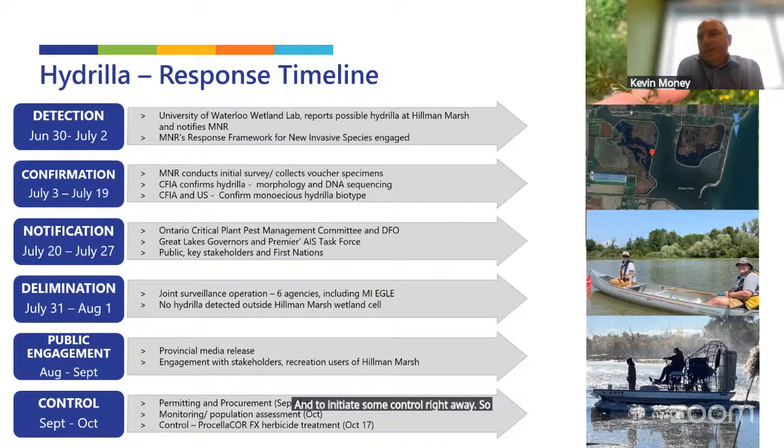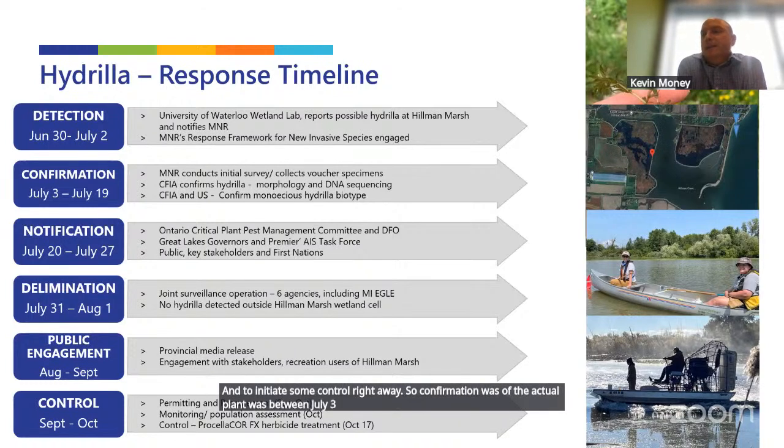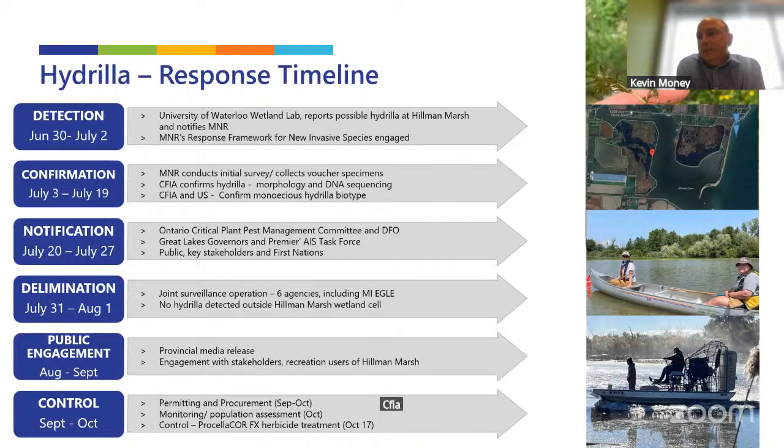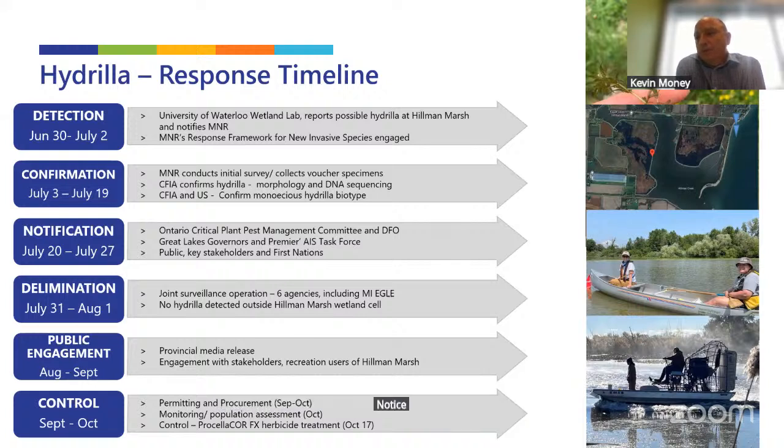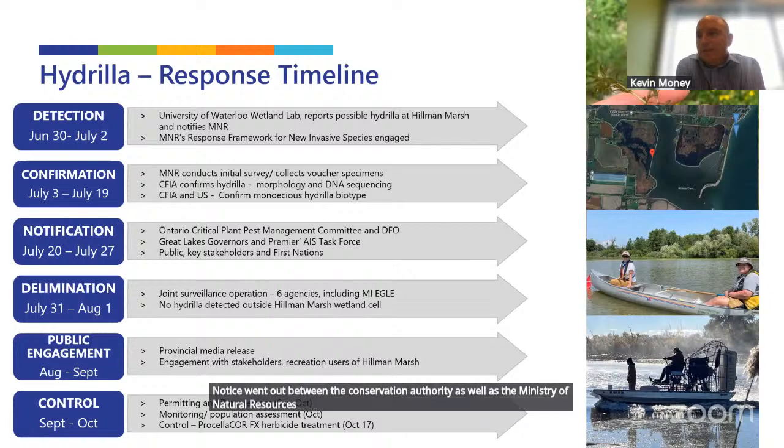Confirmation of the actual plant was between July 3rd and July 19th. CFIA did DNA sequencing and confirmed that it was actually hydrilla, just to make sure. Notice went out between the Conservation Authority and the Ministry of Natural Resources to various agencies.